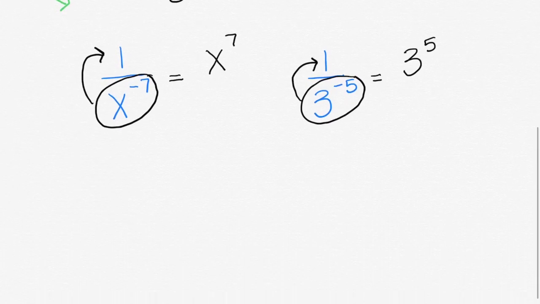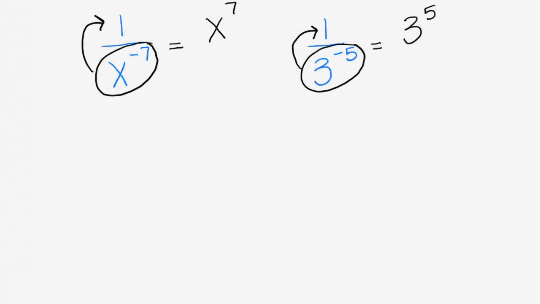So let's put this rule together. Let's say you have several terms that are together and have negative exponents. So, for example, n to the negative 3, m to the 4th, over n to the 7th, m to the negative 4th.